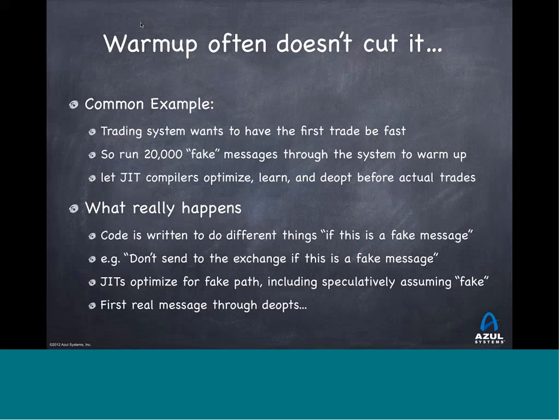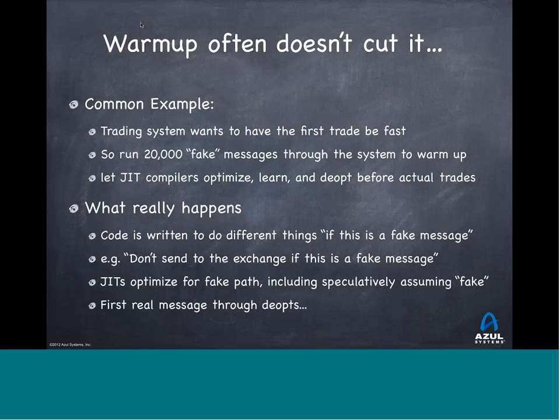The code is almost invariably going to do something slightly different if it encounters fake messages or not. For example, you may run through your entire logic, but then at the very end say, this is a fake trade, I'm not actually going to send it to the market. So that last part of sending it to the market will not happen. If the compiler sees only that executed at the beginning, and you have 20,000 fake messages go through, the optimizer will basically optimize for running fake code and fake messages.